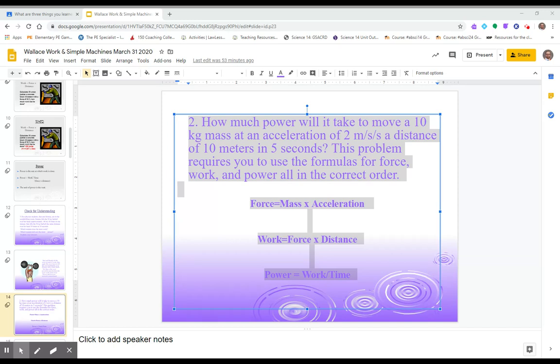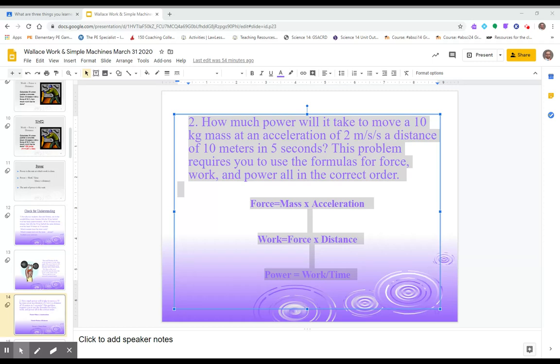My mass is going to be 10 kilograms, and my acceleration is 2 meters per second squared. 10 times 2 is 20. My unit for force is kilograms times meters per second squared, so this will be 20 newtons.